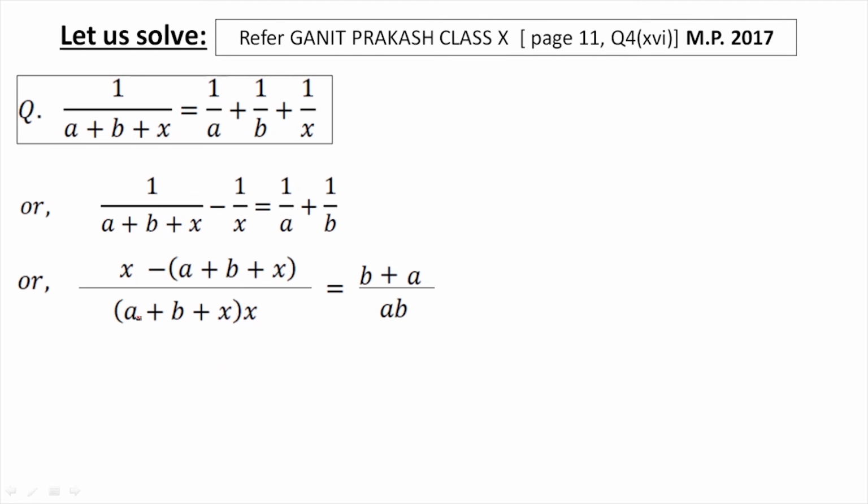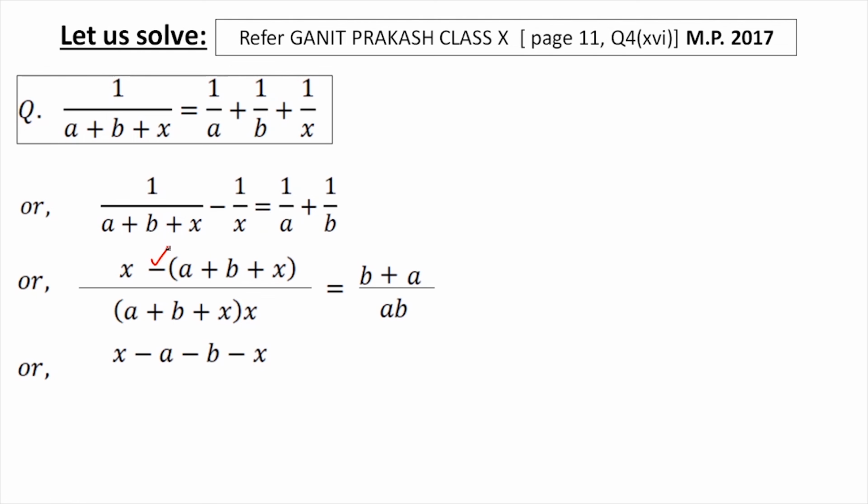Now I will open the bracket. Whenever we open a bracket, we need to multiply with the sign that is in front of the bracket, so I have to multiply with the negative sign here.